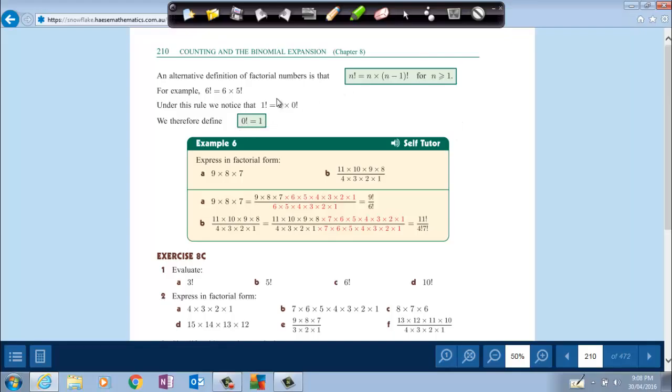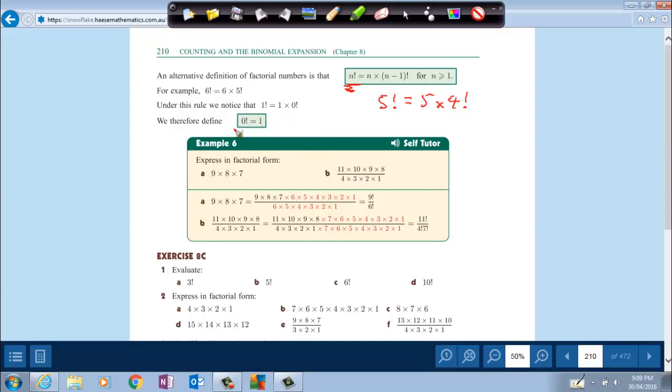Alright, do note there are some special cases. Another way of writing n factorial, you could say it's n times (n take 1) factorial. That's the same as saying that 5 factorial, for example, would be the same as 5 times 4 factorial. That's pretty straightforward.